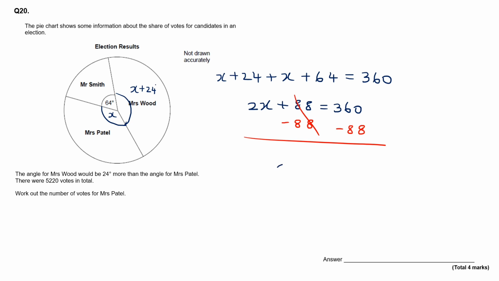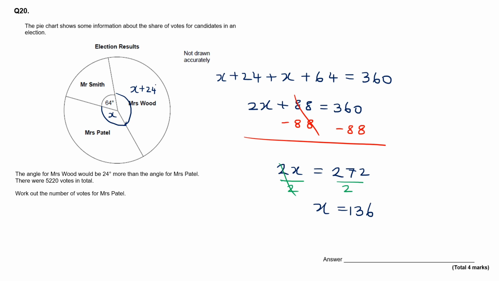So 2x is 272, and I type this into my calculator. We'll need to divide both sides by 2 to find out what x is. And x becomes 136.